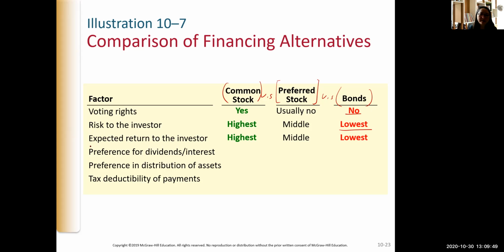And then the expected return to the investor. Of course, the common stockholder has the highest expectation of getting a return. At the same time, the bondholder is the lowest because they have a fixed interest rate return. And the preferred stockholder is in the middle. Why is that?